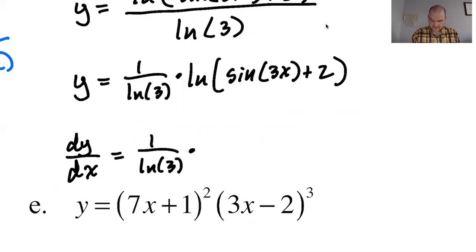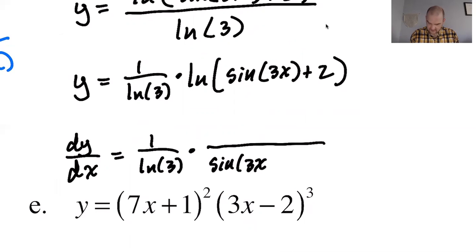And now, what is the derivative of the natural log of something? The derivative of natural log of something is 1 over that thing. So that'll be 1 over sine of 3x plus 2, times the derivative of that thing. What's the derivative of sine of 3x plus 2? Well, the derivative of sine of something is cosine of that thing times the derivative of that thing.